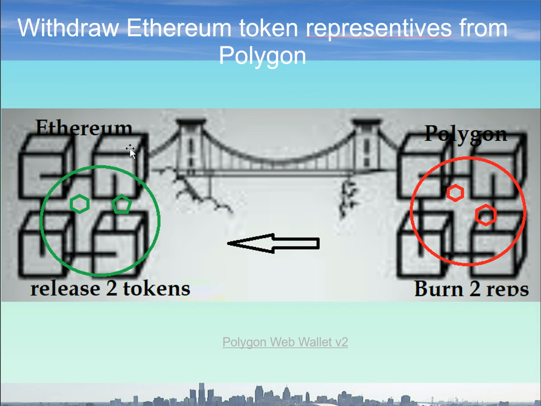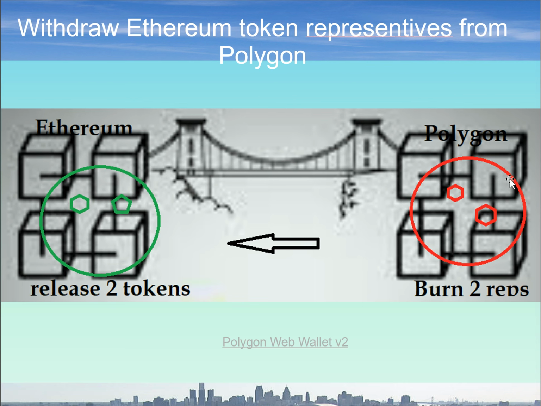As a matter of fact, you can imagine the number of tokens that are locked over here are always equal to the number of representatives over here. So if you have 10 million representatives on Polygon for a particular token, let's say Mana, then you're going to have the same amount of Mana tokens locked over here. Okay, unless some of them are lost.